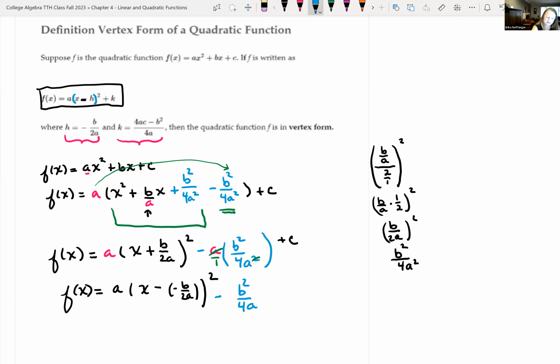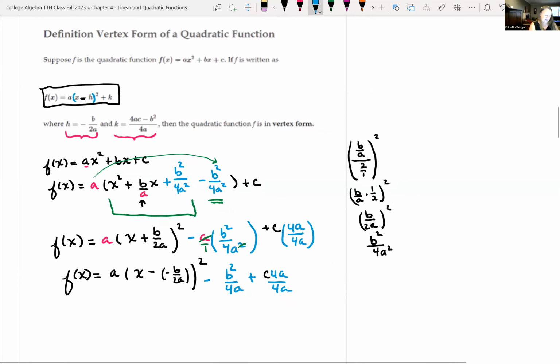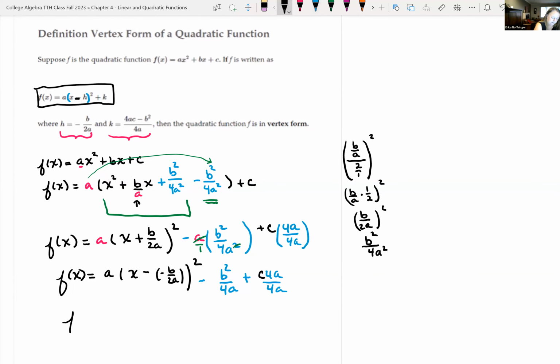I want to add it to the C here, so I'm going to get a common denominator. I need to multiply the C by 4A over 4A. So this will be plus C times 4A all over 4A. So rewriting this, I have f of x is equal to A times x minus a negative B over 2A, quantity squared.